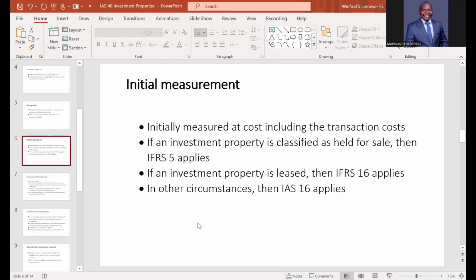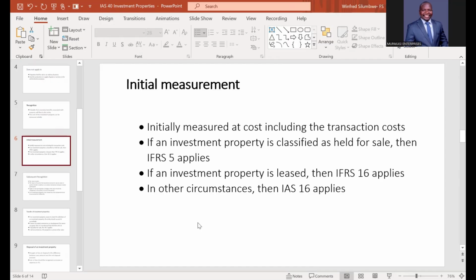Now, initial measurement. You've just built an asset, or you've just bought this investment property. How should you record it in the books of account? What figure should you put in your balance sheet? Initially, meaning when you've just bought, acquired, or constructed it, you add all the cost, including transaction cost. Transaction costs are those costs associated with buying that asset.